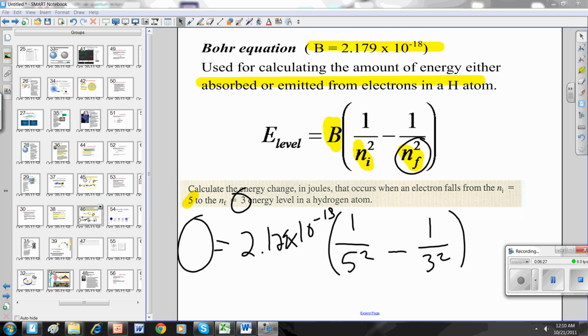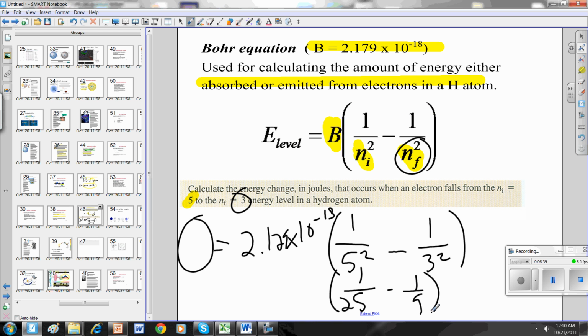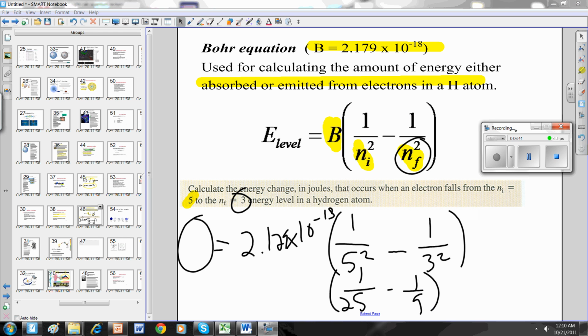When you simplify everything, so you take 5 squared, you're going to get 1 over 25 minus 1 over 9. Do all the math, multiply it. In the end, the answer comes out to be negative 1.550 times 10 to the negative 19th.